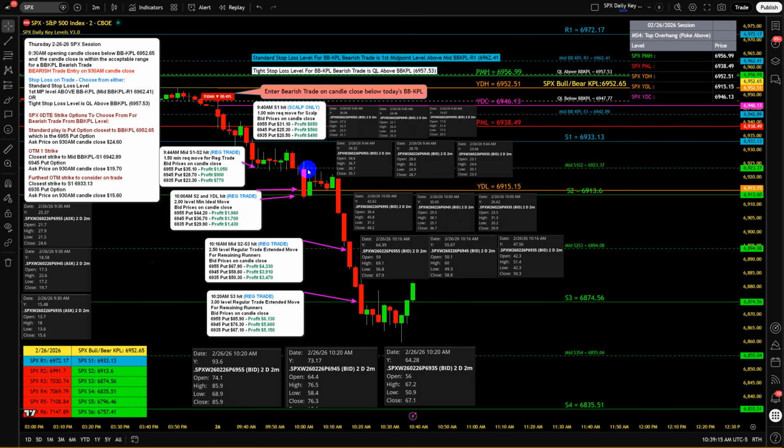Okay, so moving along here on the 9:44 a.m. candle, before I do that, let me go back to the last point I was trying to make before we went into the SPX mini index.